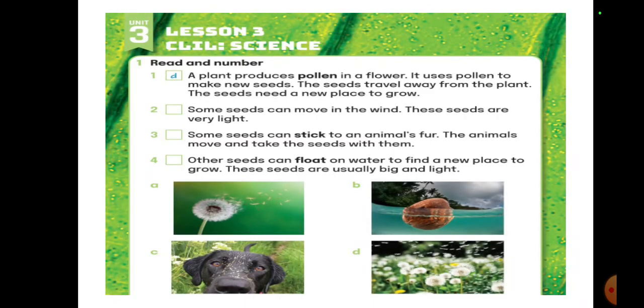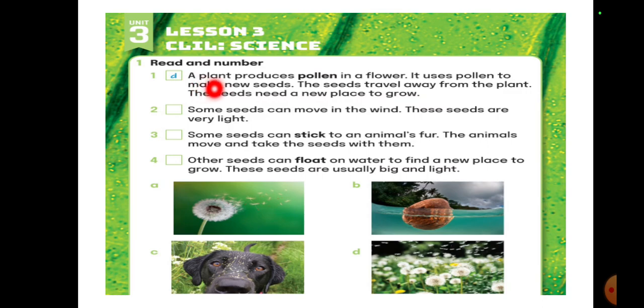And now let's read. Read and number. We have here 4 pictures, picture A, B, C, and D. And we have here some sentences. Let's read these sentences and find the correct picture.